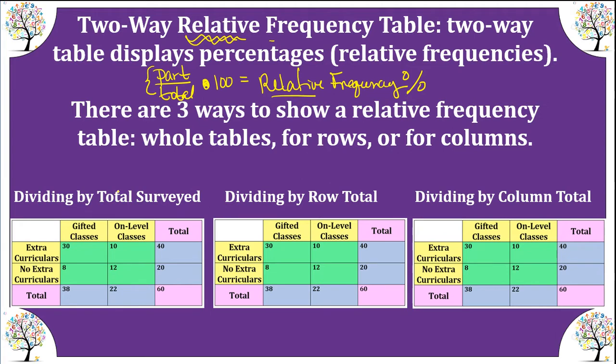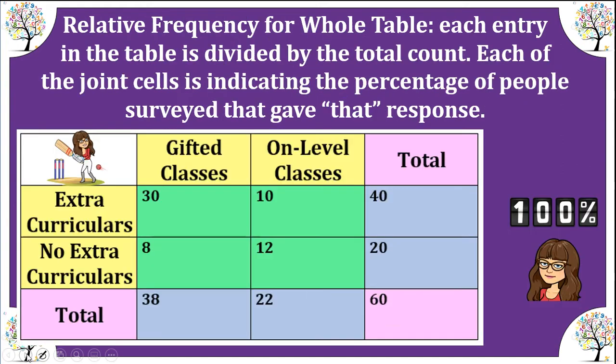So again, we're either going to be dividing by the total surveyed, dividing by the row total, or dividing by the column total. It all depends on how the question is phrased. Here, relative frequency for the whole table means that we're going to divide every entry, all the joint entries and marginal entries, by the total surveyed.